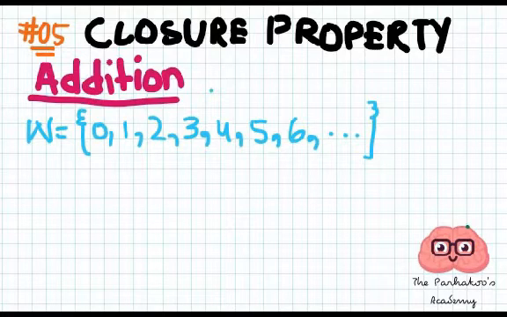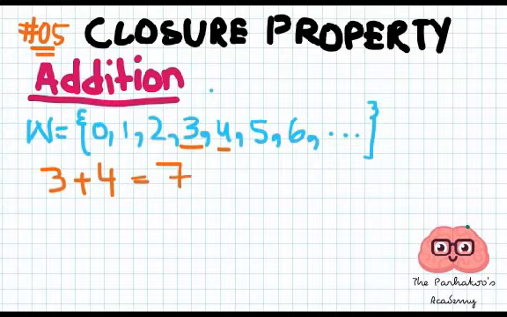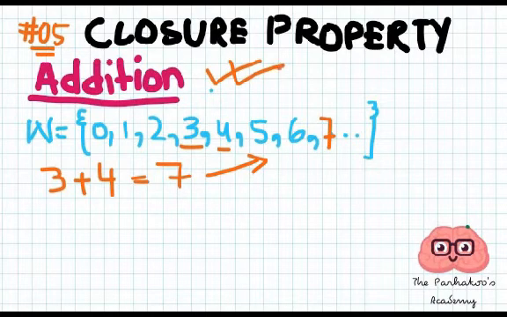Again, if I pick any two numbers, let's suppose 3 and 4, and I add them together, I get 7. Again, 7 belongs to the set of whole numbers. So addition obeys the closure property, or it is valid in addition. When you add two numbers or more than two numbers, you would end up getting a result which would belong to the same set.